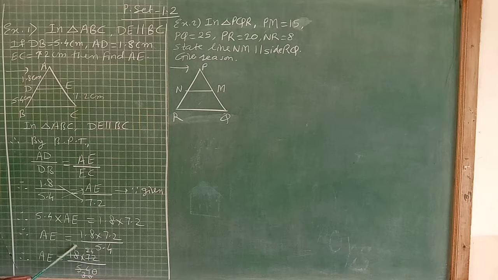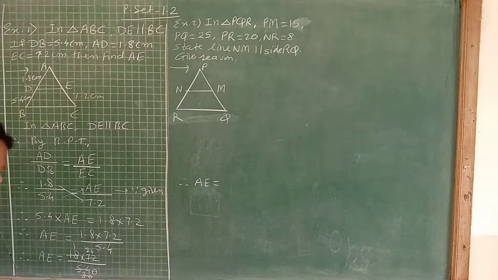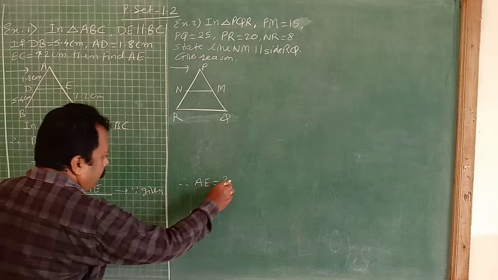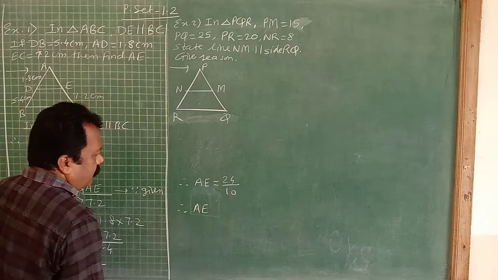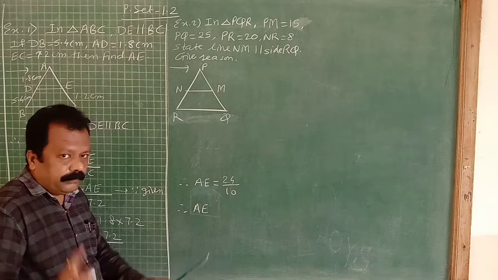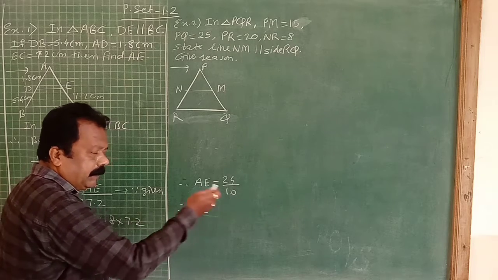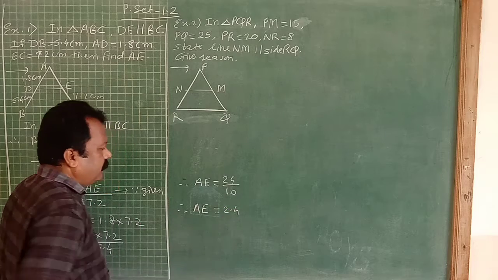Now 24 into 1 is 24 in the numerator's place and 10 in the denominator's place. Therefore, AE is equal to 24 divided by 10. If you divide by 10, move the digit left, so 2.4.